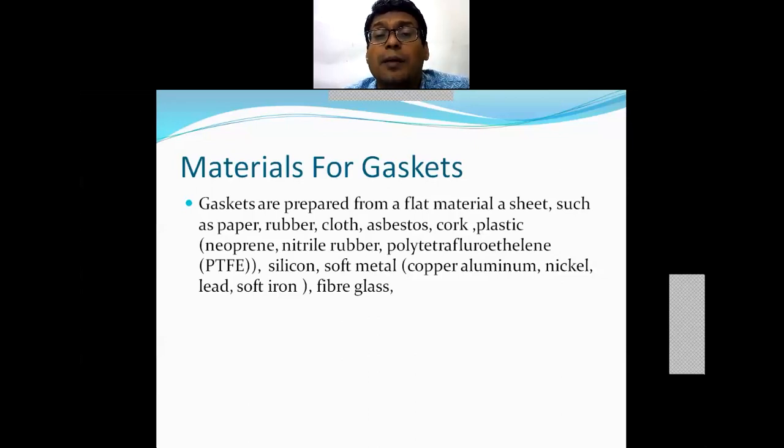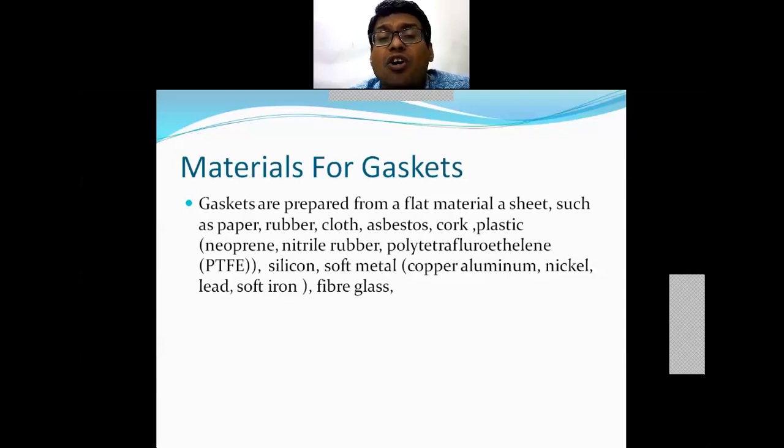Out of these, rubber, paper and cloth are primarily used, and also natural rubber, then cork, and nowadays plastic, which can be neoprene, nitrile rubber, polytetrafluoroethylene, and different types of plastics which can seal the surface irregularities and sustain the pressure and temperature conditions can be used as the gasket material.